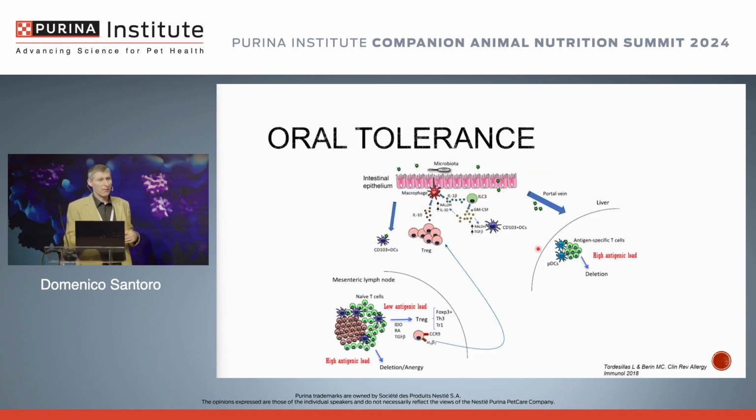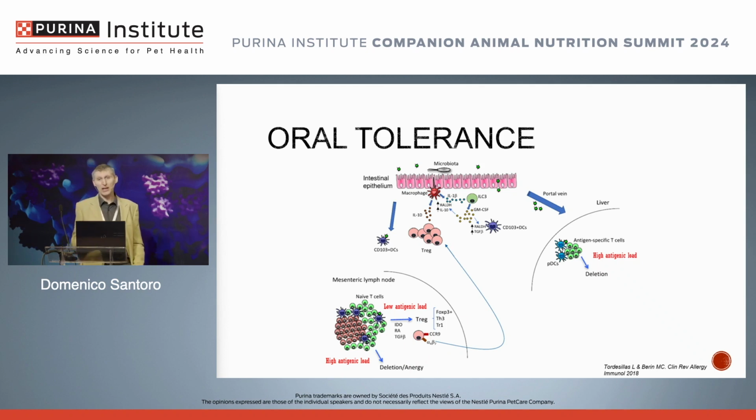It's not just what comes through, but how much comes through that is also important. So the amount of antigen coming through and the capturing is also important, in the sense that in normal, again, we're still talking about normal animals here, low antigenic load tends to stimulate Treg production, whereas with a high antigenic load, it tends to induce deletion and anergy.